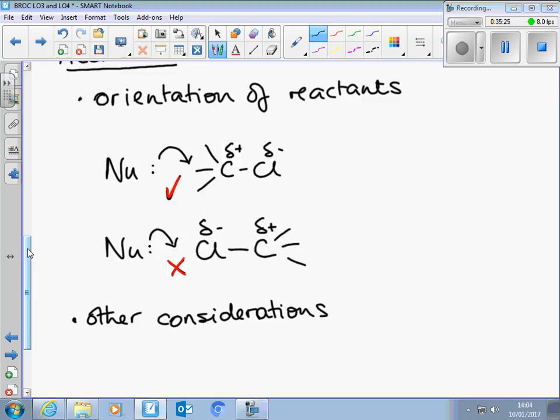Can the attacking particle get in? Is there steric hindrance? Well, we know steric is like stereo. It's to do with shape. All right. So is there shape hindrance? Is the shape stopping the particle getting in and reacting?